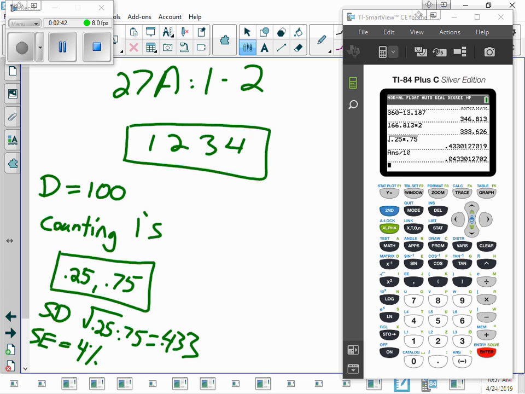I guess it's 25 plus or minus 4. So well, they didn't do percentage. So there are two ways to look at this. Either 25 ones plus or minus 4 ones, or 25% plus or minus 4%.